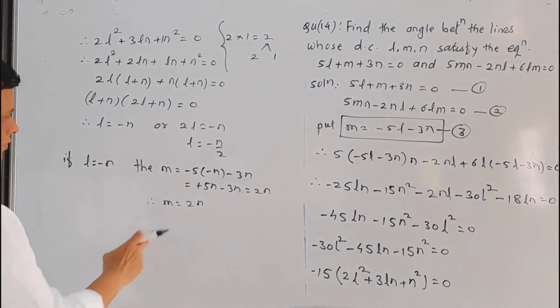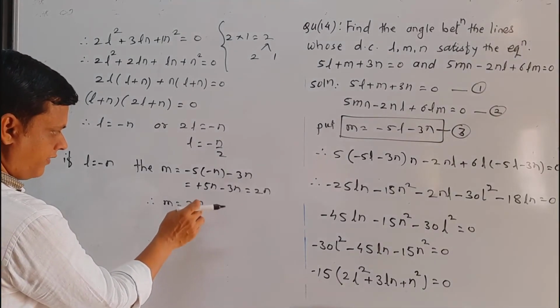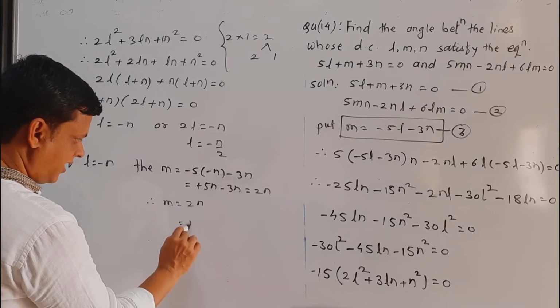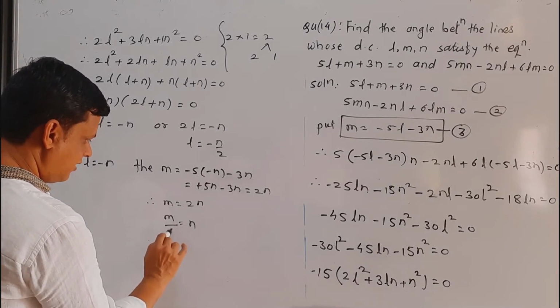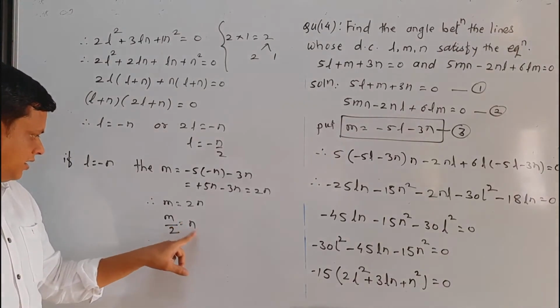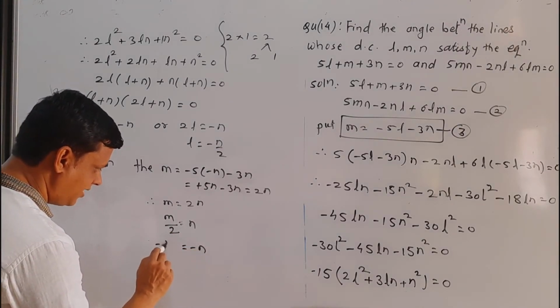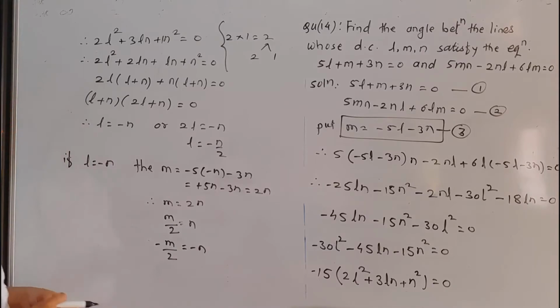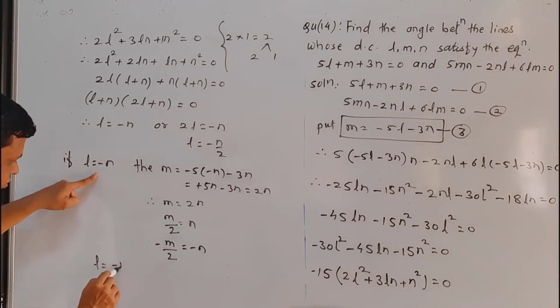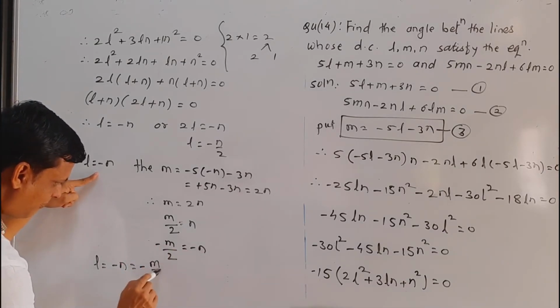Now see this term, M equals to 2N, so we find from this value of M in terms of N, so we write this N is equal to M by 2. Now here L equals to minus N, here we get N as M by 2, so from this we calculate minus N, so we get minus M by 2.